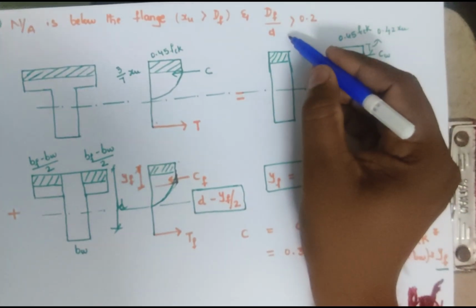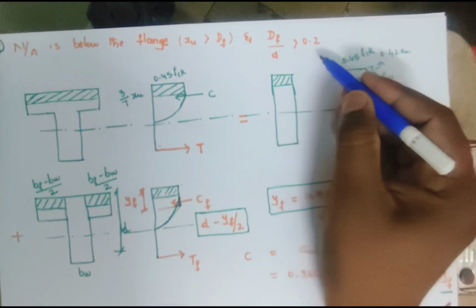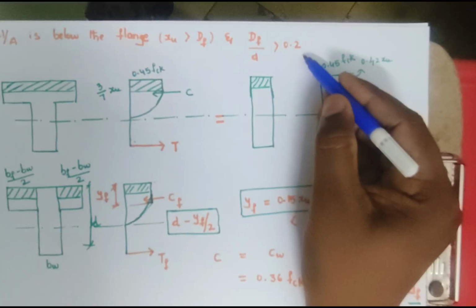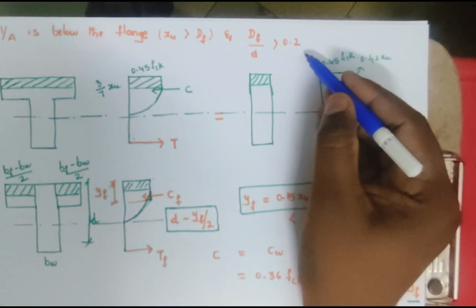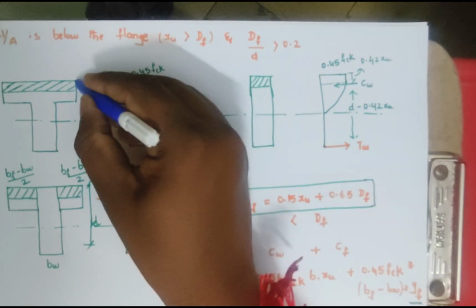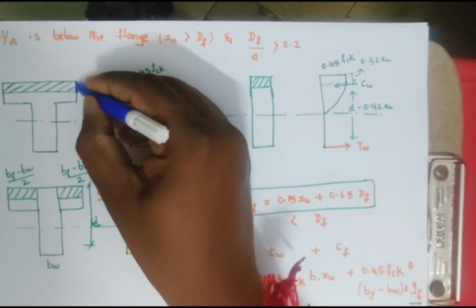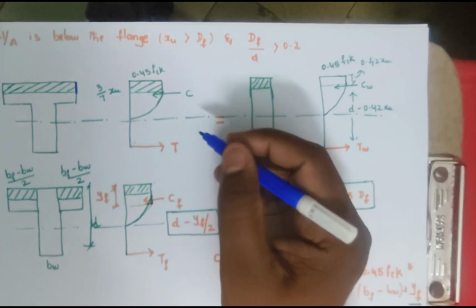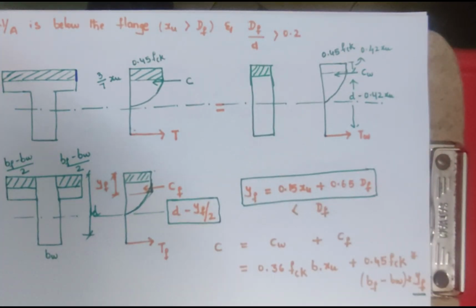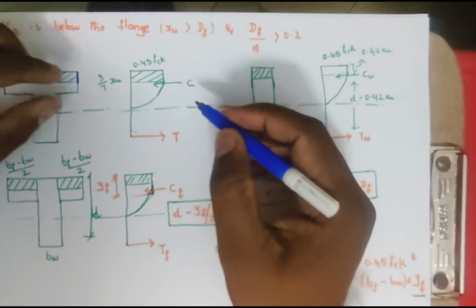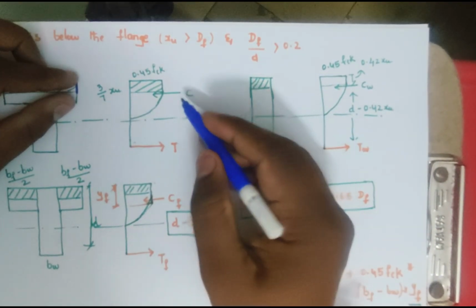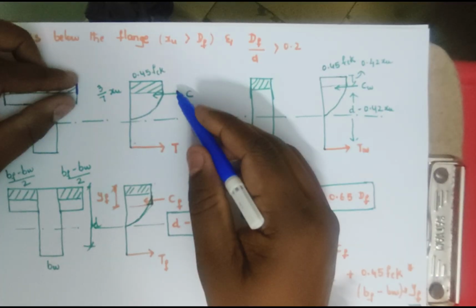Now, the df by d value greater than 0.2. Sorry, df by d value greater than 0.2. Okay, in this case only a certain depth of the flange is stressed up to 0.45 fck. Only a certain depth of the flange has a uniform stress of 0.45 fck.